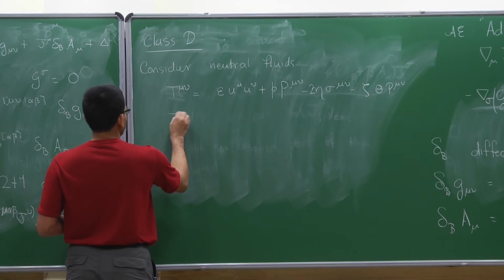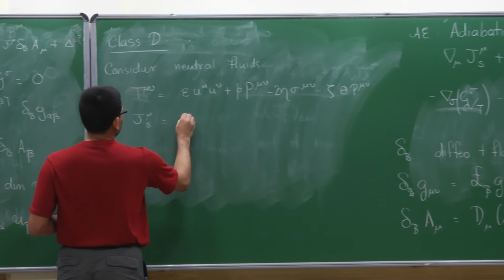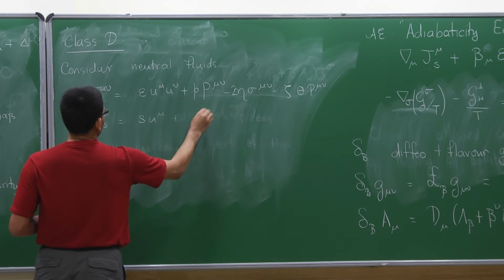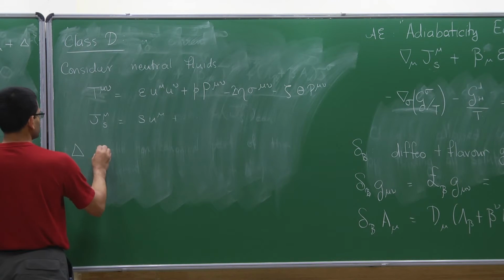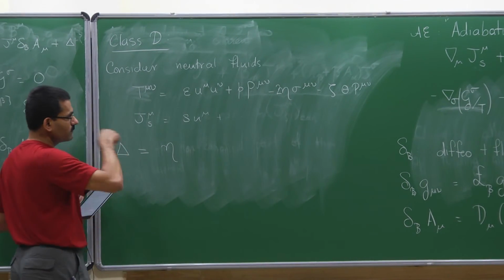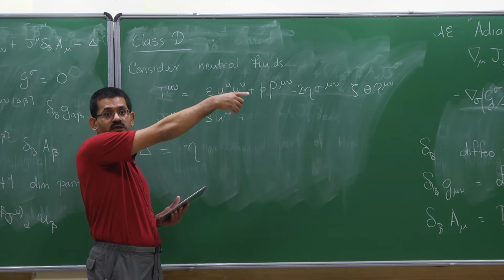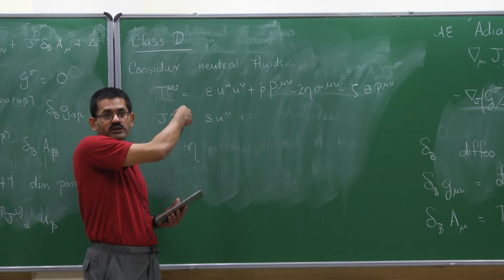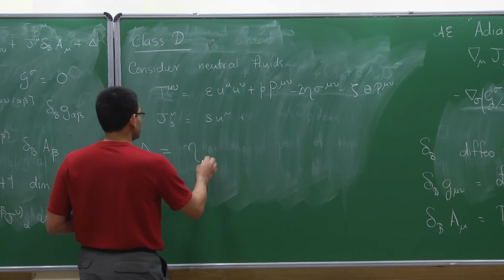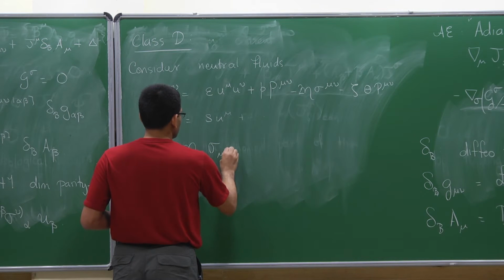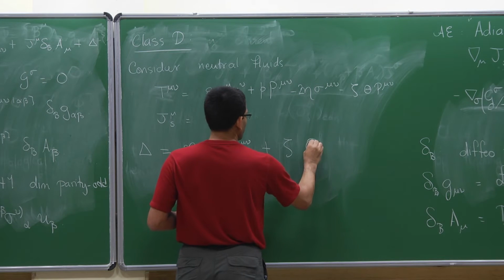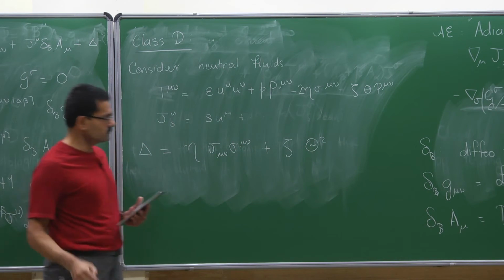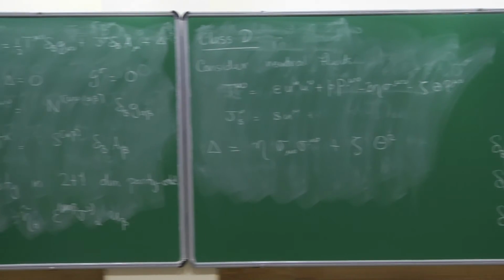And the entropy current starts out its life as this plus corrections, which I insisted to you were vanishing yesterday. You can compute delta here because you can just evaluate the expression now. I have a form for the energy momentum tensor. So delta turns out to be eta times sigma squared plus zeta times theta squared.